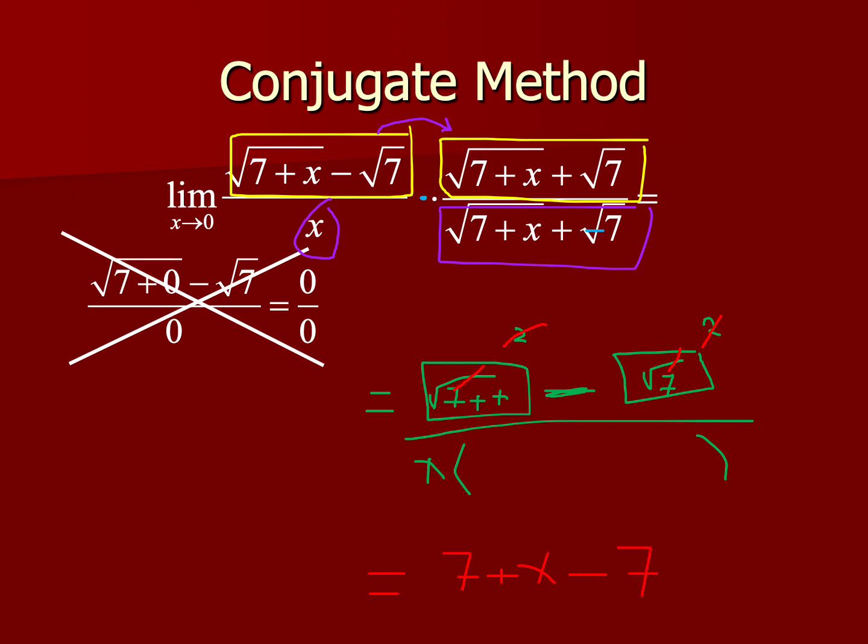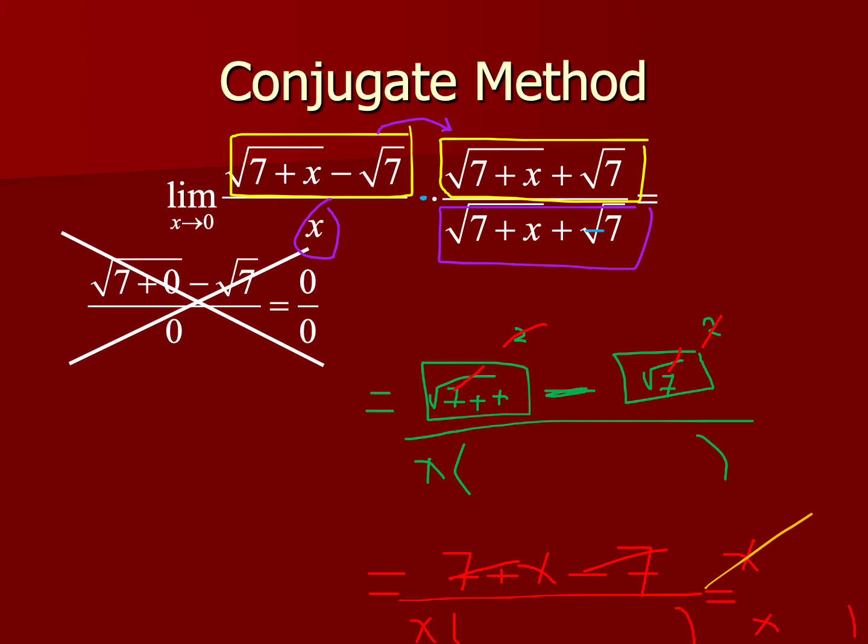Down, up, and the down as it is, there is x multiplied by this root of 7 plus x plus root of 7. So I can easily say minus 7 and plus 7 cancel each other, so I get only x here, and down I have also x by something. So clearly now I can cancel the common factor, which is x with x, so I get a new function, which is 1 over that one.